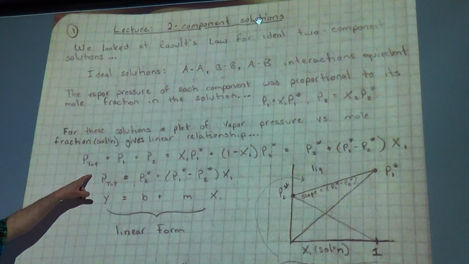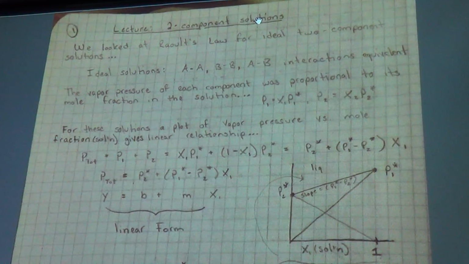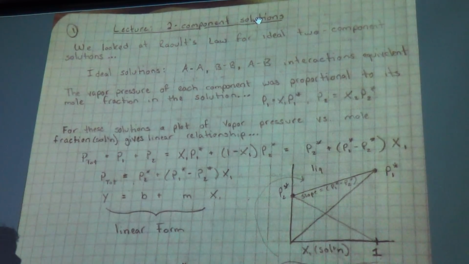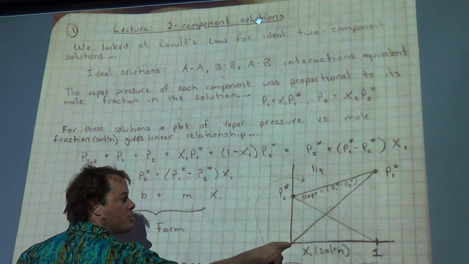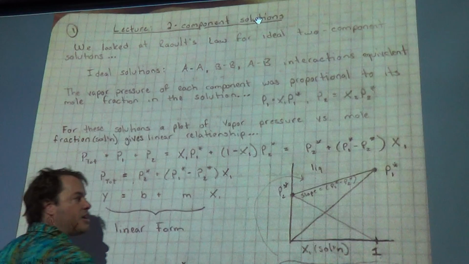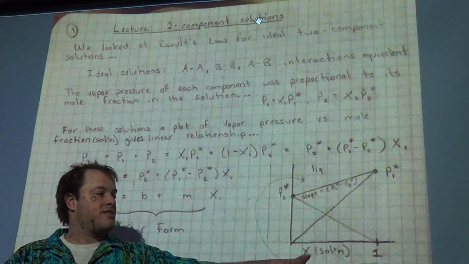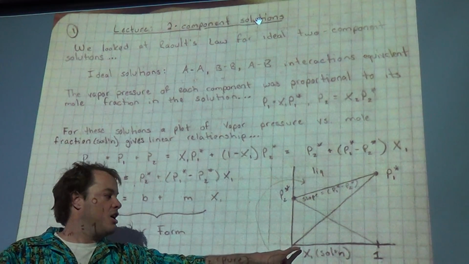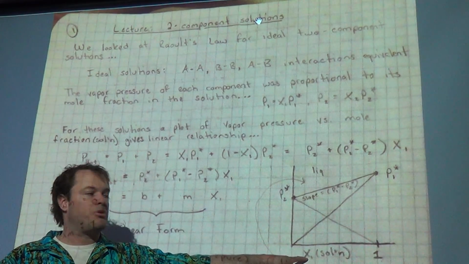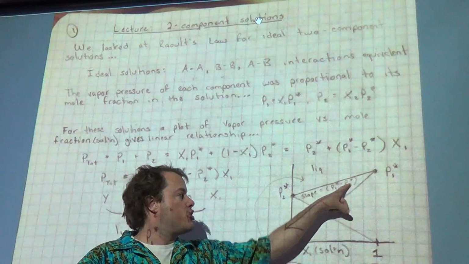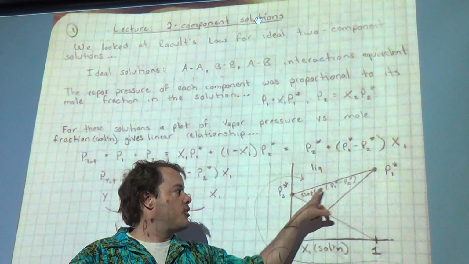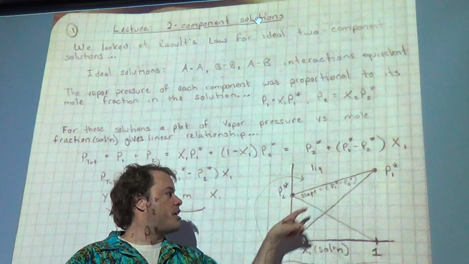We can take Raoult's law and derive an expression for the total pressure above this system as a function of its composition. Here on the x-axis we have the mole fraction of a component in this solution, which I've written as x1, and you see that there's a linear relationship. This line here is the sum of the pressures.